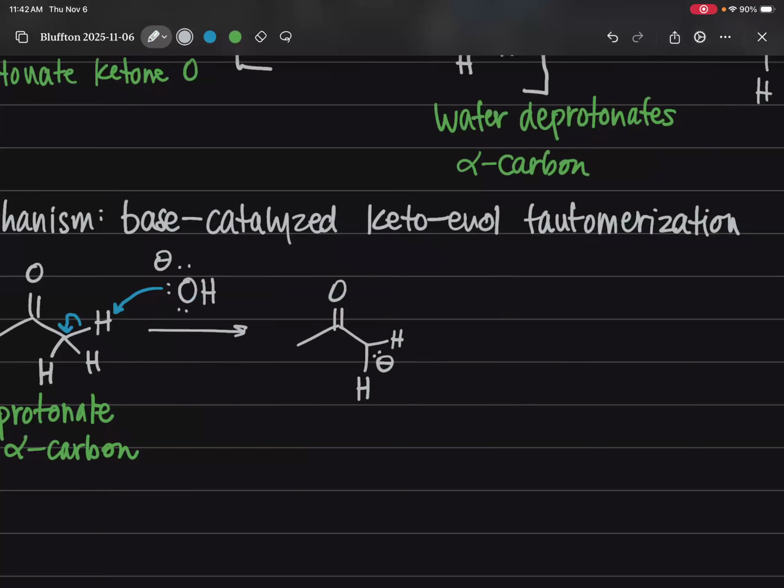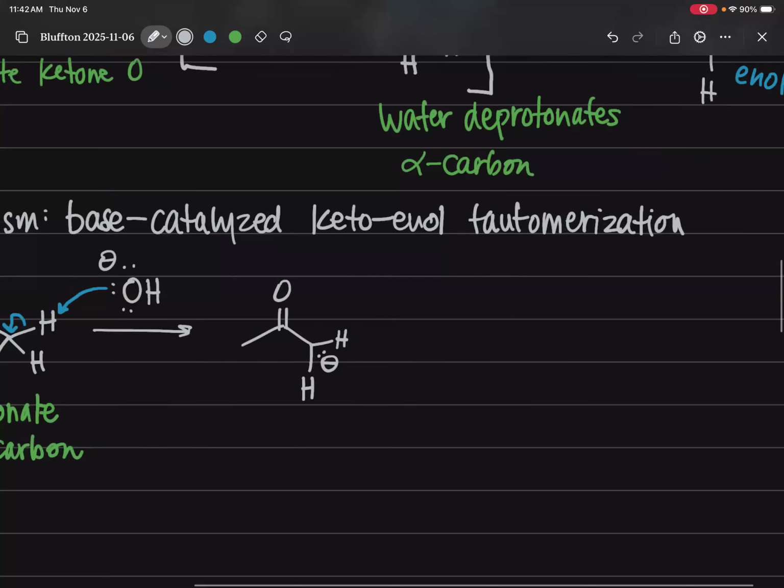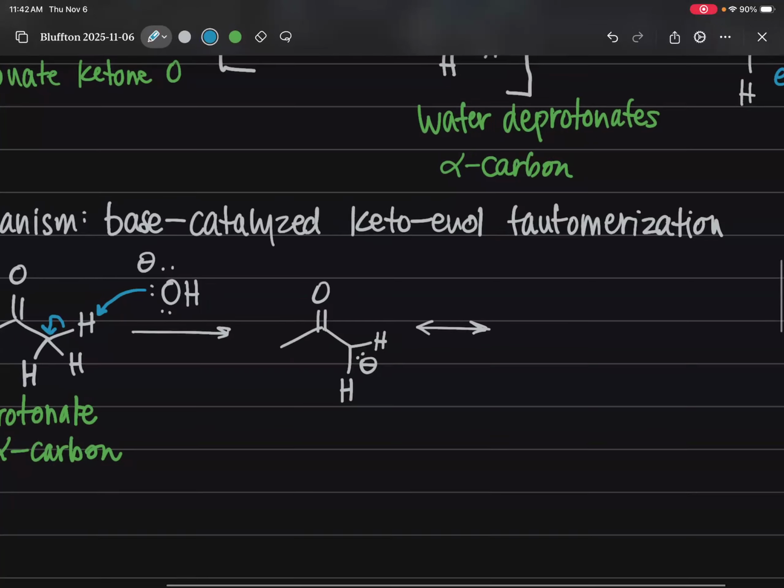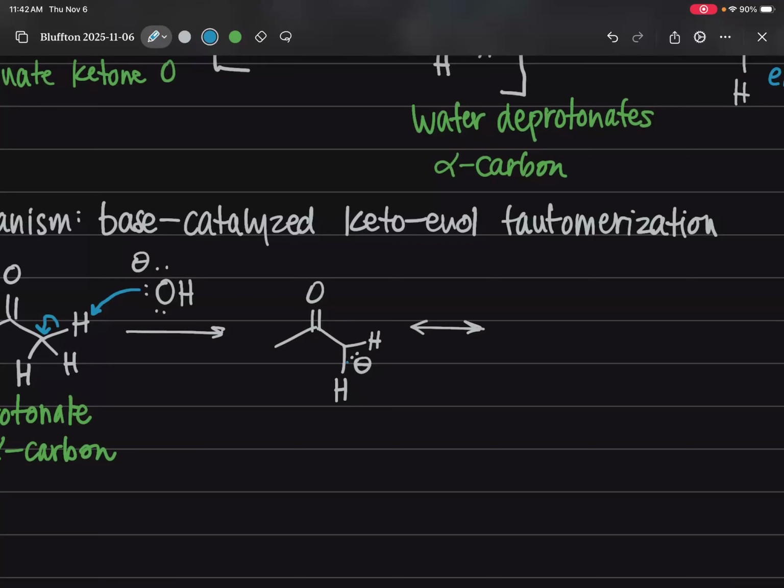Okay, and as we did in the acid catalyzed mechanism, we can draw a resonance structure of this. We'll just do that by swinging these electrons there, and then moving the carbonyl electrons up onto the oxygen.